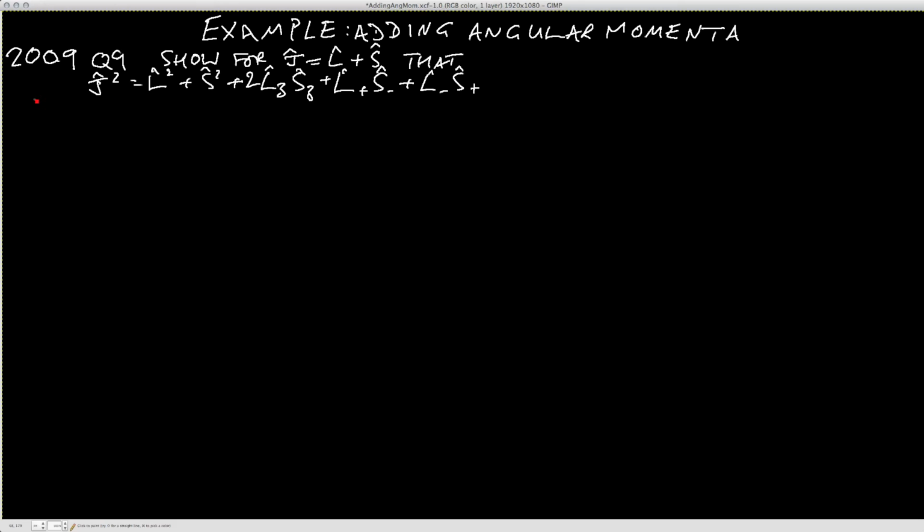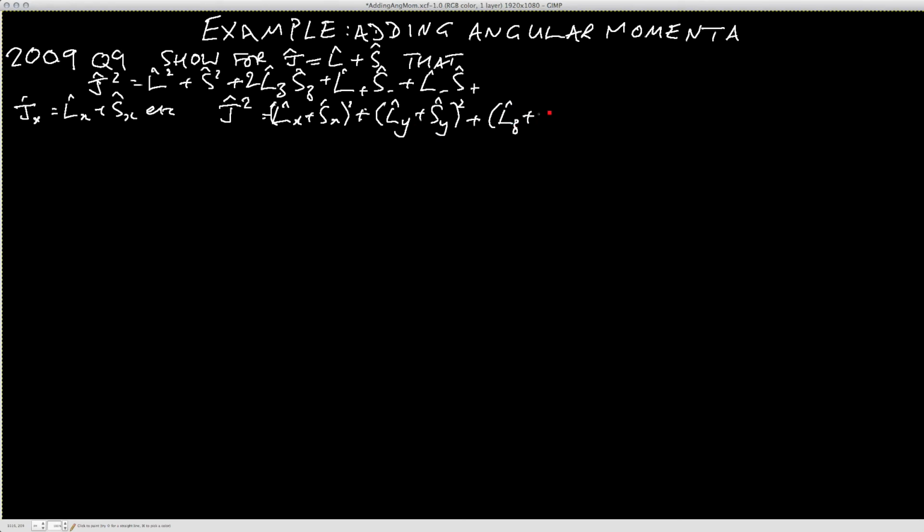We start by writing that Jx is equal to Lx plus Sx, etc. And then note that J squared is equal to Lx plus Sx squared plus Ly plus Sy squared plus Lz plus Sz squared.